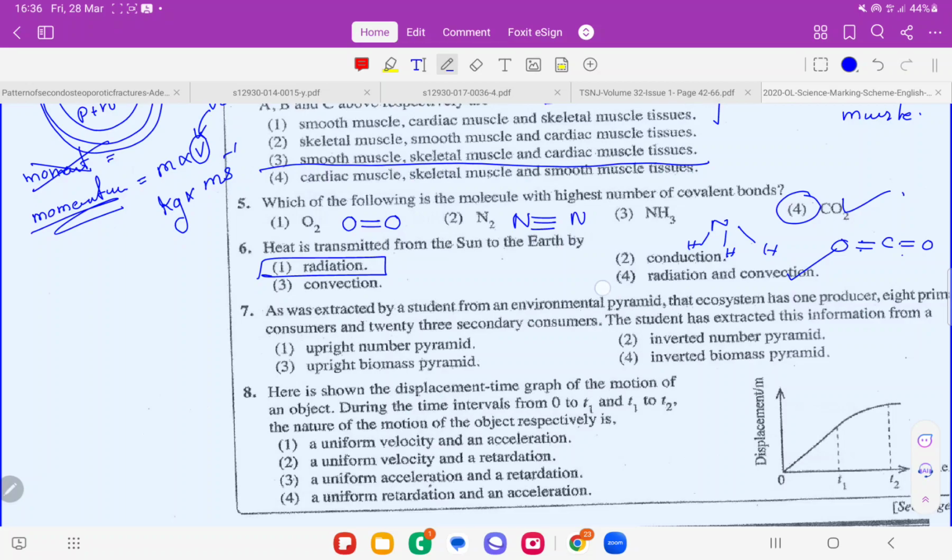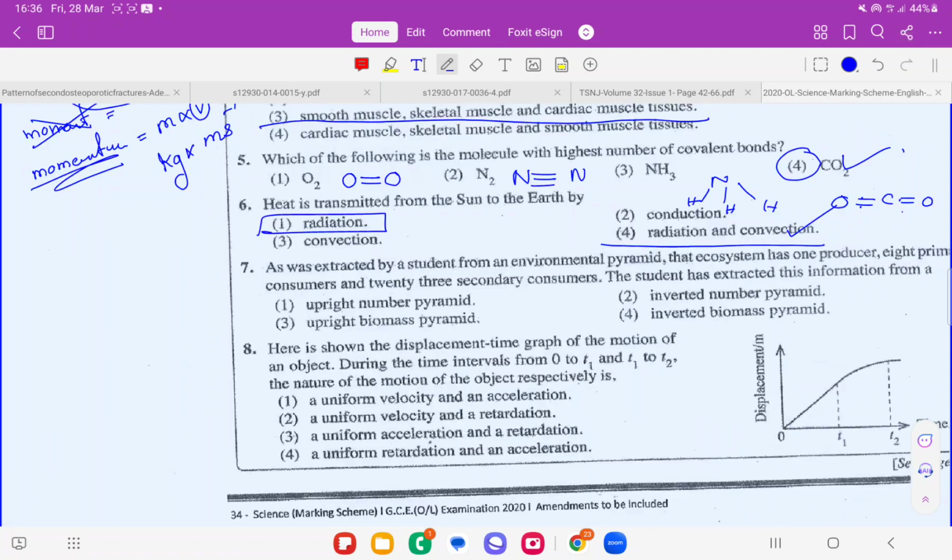But there is an answer called radiation and convection. What do you think about that answer? Guys, convection always happens from the bottom earth level to the upper levels, but the heat from the sun comes from the upper levels to the lower levels, so convection does not happen. Radiation is the answer.